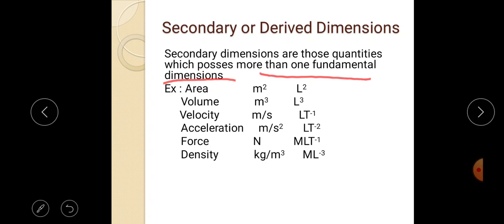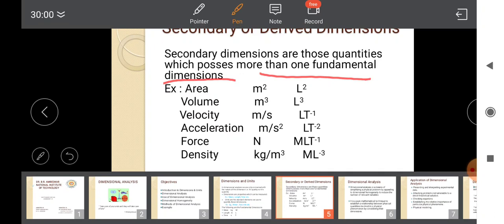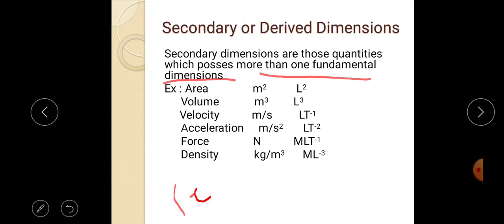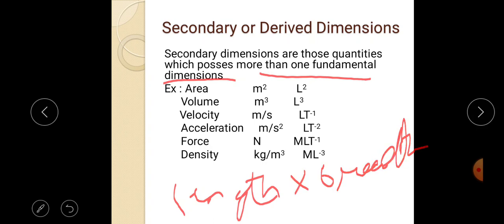For example, area. What is the formula of area? Area is length into breadth. Length is measured in meter, so it is L, and breadth is also L, so it is basically L square, right?